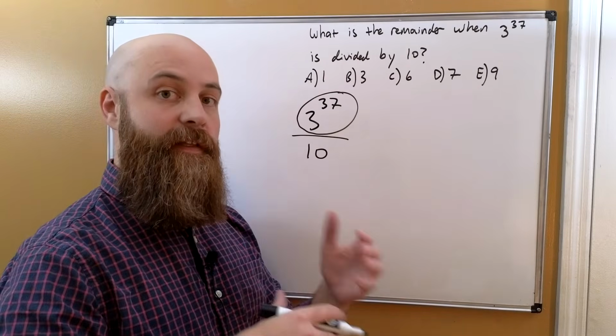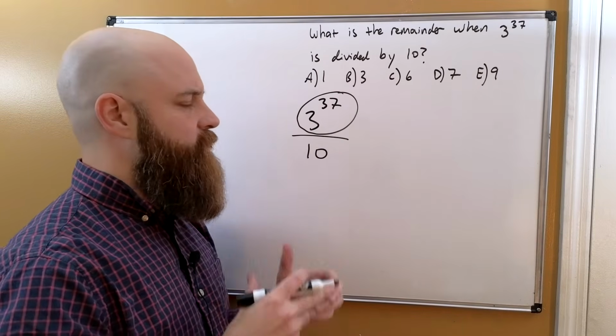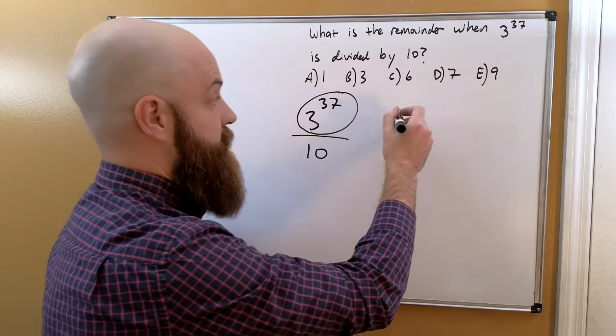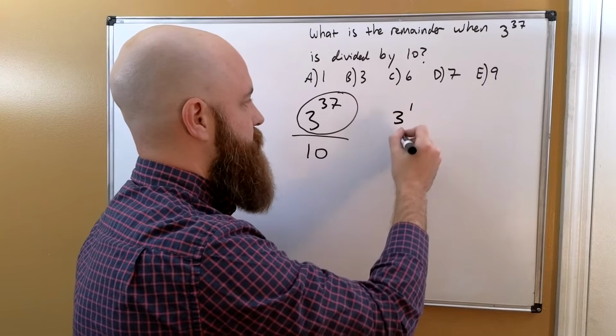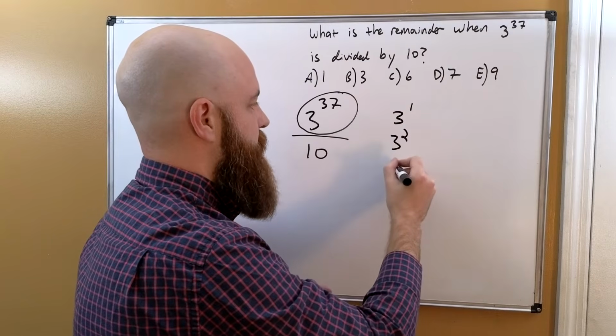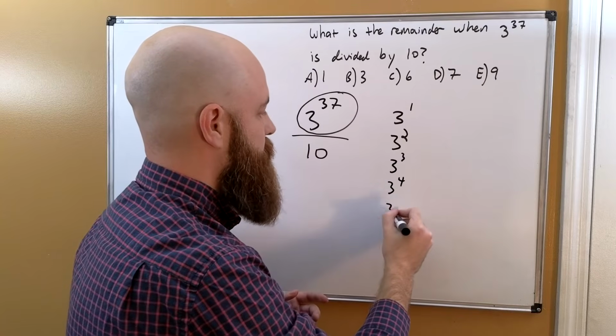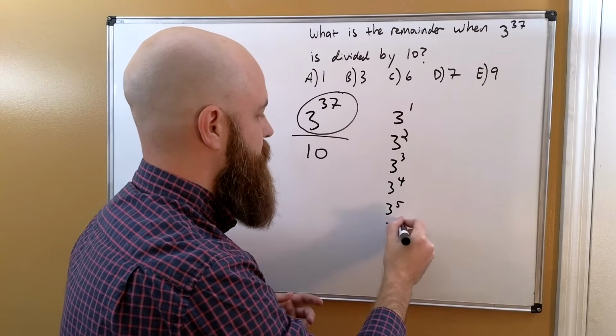Okay, so then let's do some concrete examples, start writing things out, see if we can find a pattern that'll help us figure out this units digit. I'll write out some powers of 3, and maybe from what I write down, I can extrapolate what the units digit would be of 3 to the 37.